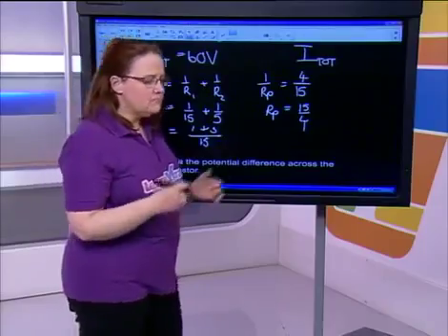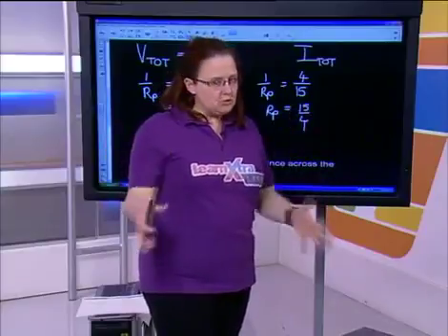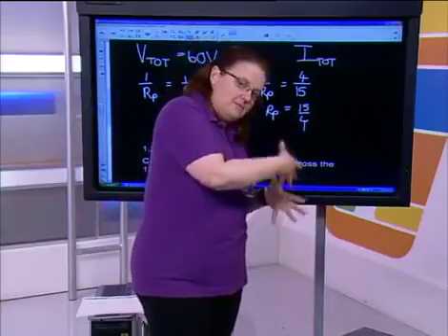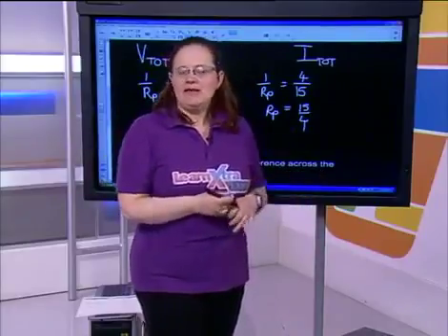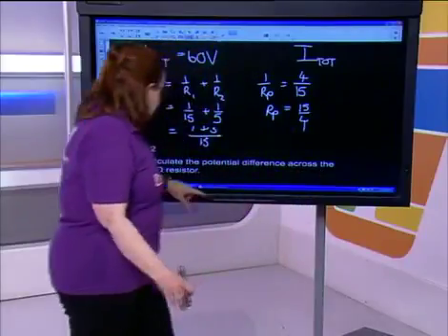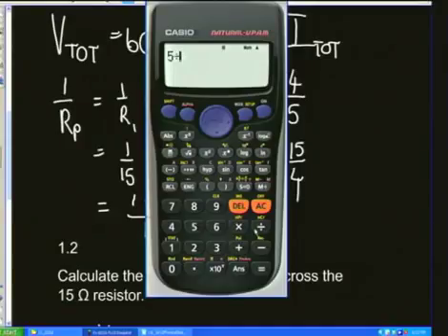Another thing, and I know this is a maths issue, and there's nothing wrong with what you've been taught in maths, but it becomes a problem here in science. Never leave your answer as a fraction, okay? Never, never, never. In fact, if you go 15 divided by 4, maybe we should do it properly, 15 divided by 4. See, that's not what I want.